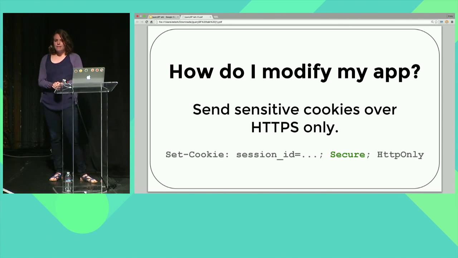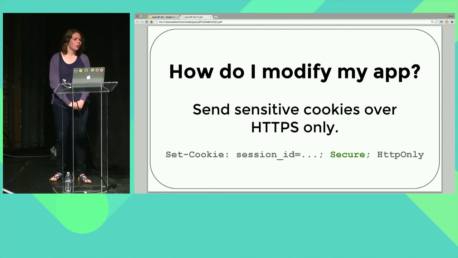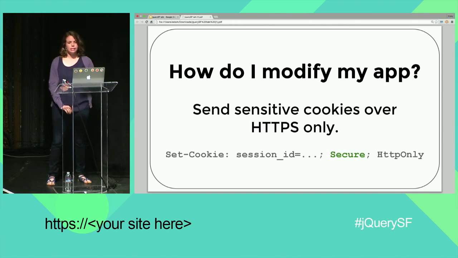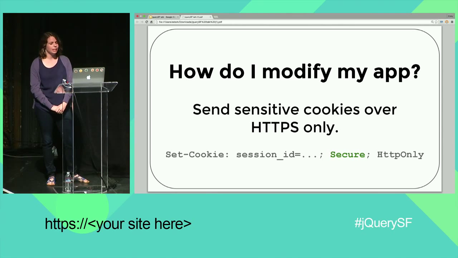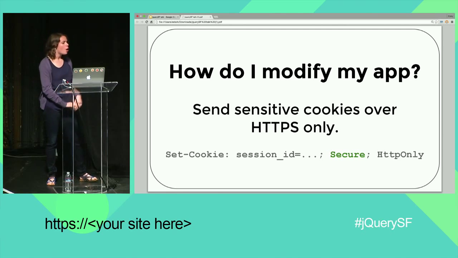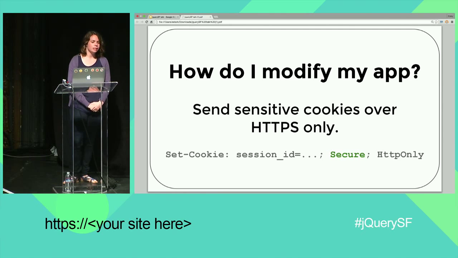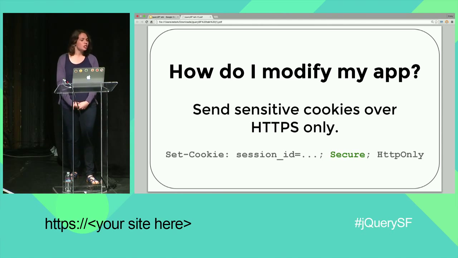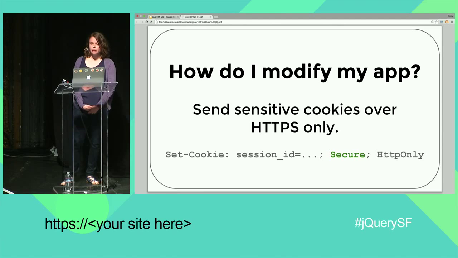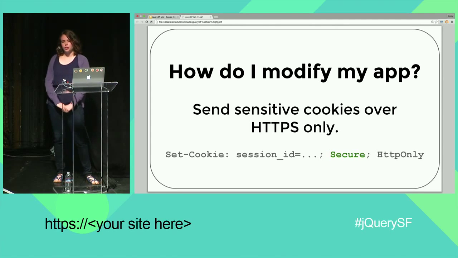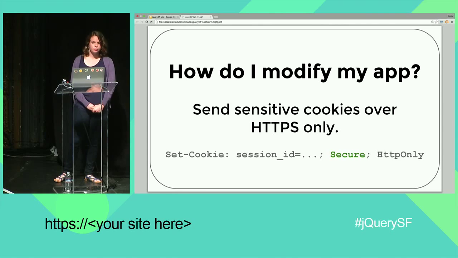Wouldn't it be great if there was a way that you could tell the browser, this cookie is a particularly sensitive piece of information, and I only want that piece of information to be sent along with HTTPS requests. So even if a user somehow ends up sending an insecure HTTP request to my site, don't send that cookie with it, because it's too sensitive to send in plain text.